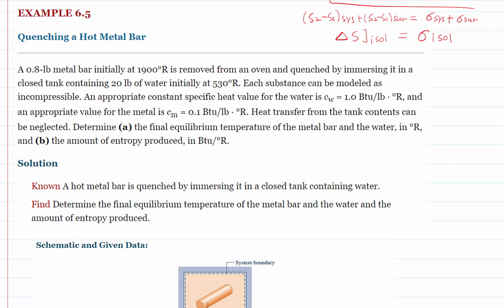And an appropriate value for the metal is Cm, 0.1 BTU per pound degree Rankine. Heat transfer from the tank contents can be neglected. Determine the final equilibrium temperature of the metal bar and the water in degree Rankine and the amount of entropy produced in BTU per degree Rankine.